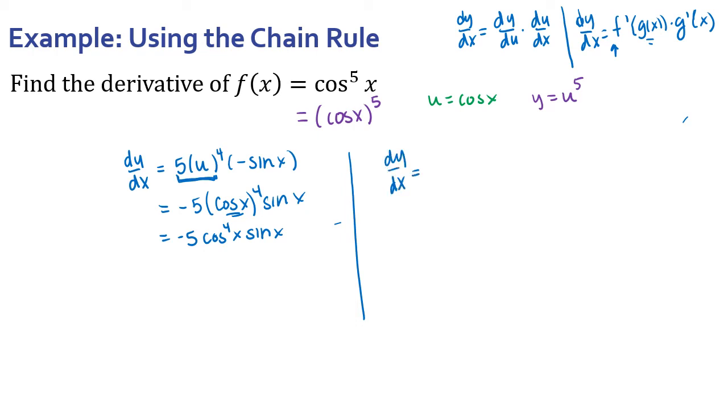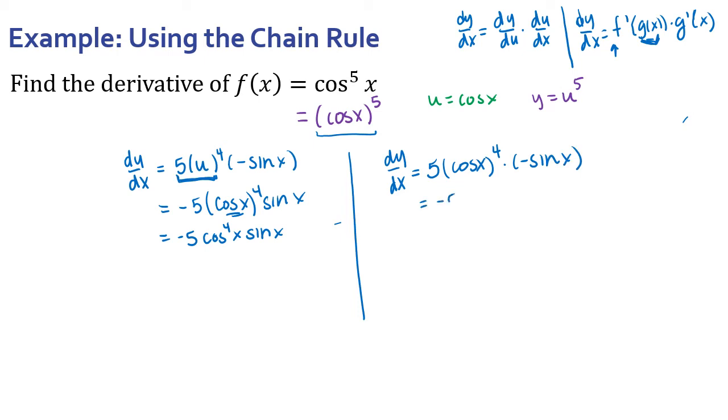So if I was doing that, that x to the fifth power would be 5, and then, so 5 times something to the fourth power. So that inside function is cosine of x. So again, what we're doing here is you're basically visualizing, here's my outside, something to the fifth power, so something to the fifth power is 5 times that something to the fourth, times the derivative of the inside.